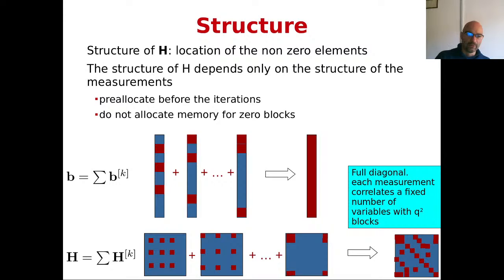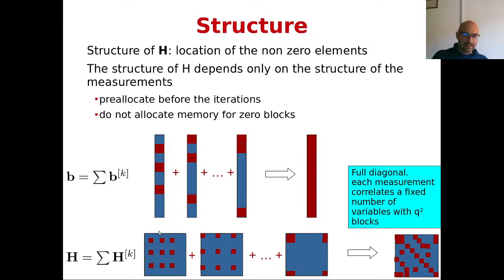In this figure here, the red denotes an occupied block in the Jacobian, and the blue denotes an empty block. When you assemble your system matrix, you assemble the B vector and the H. The H is, in general, sparse, and it will stay sparse, because the number of non-zero blocks grows with the number of variables, and the number of factors grows with the number of variables.